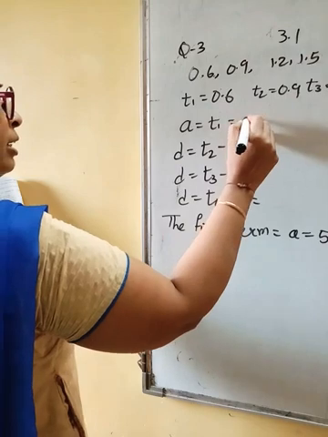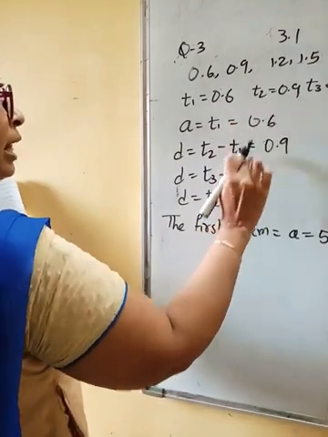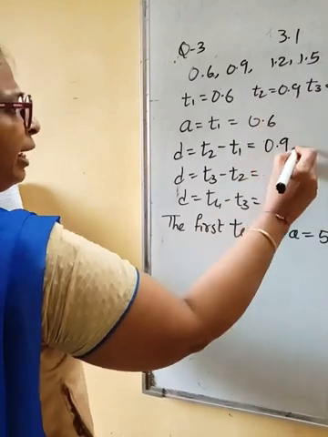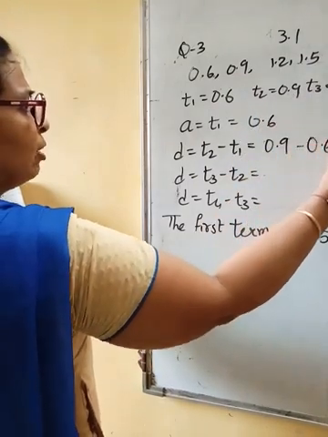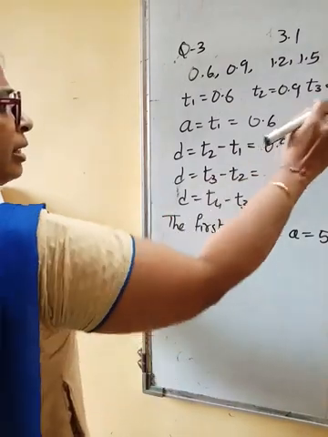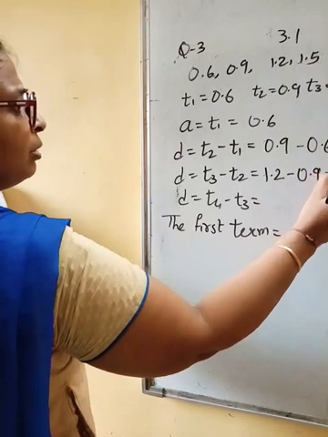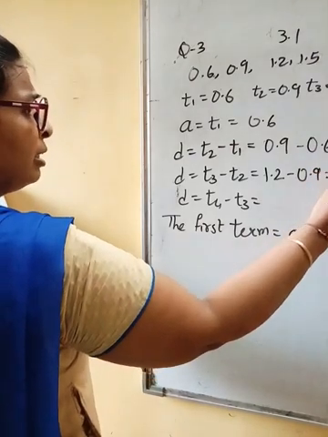So here it is 0.6 and here you will be finding the difference. T2 minus T1 is nothing but 0.9 minus 0.6. So that is 0.3. Now here T3 minus T2. So 1.2 minus 0.9. So that is equal to again 0.3.